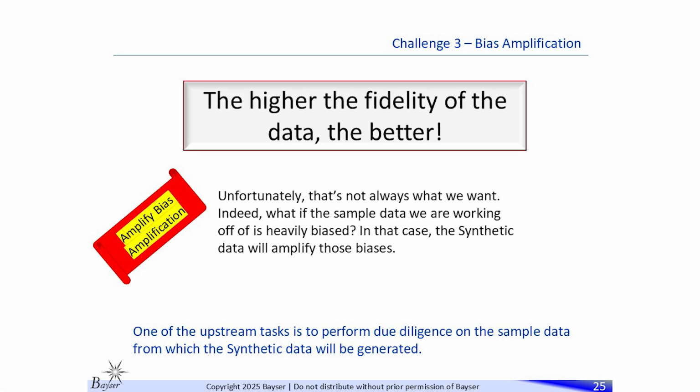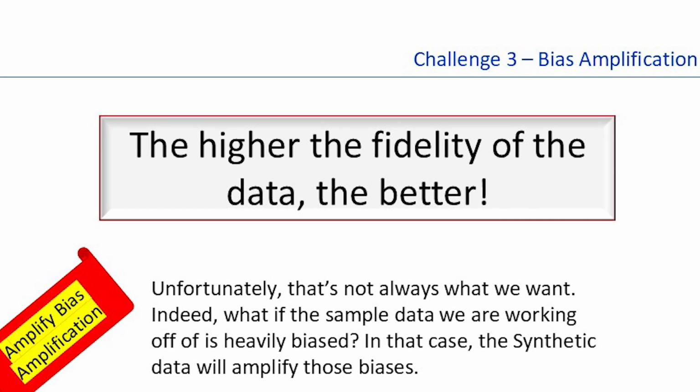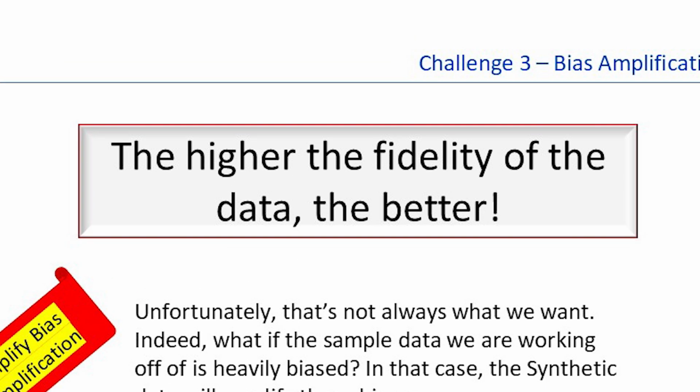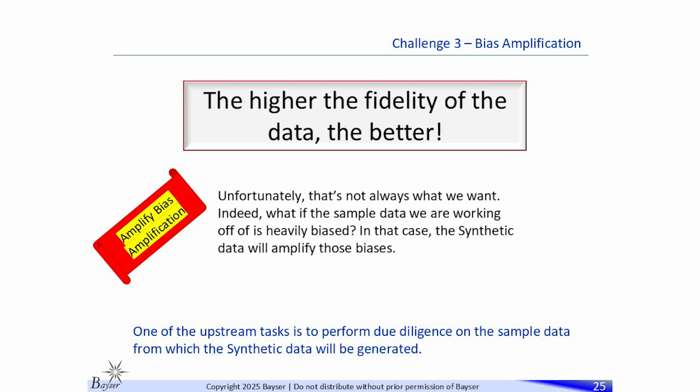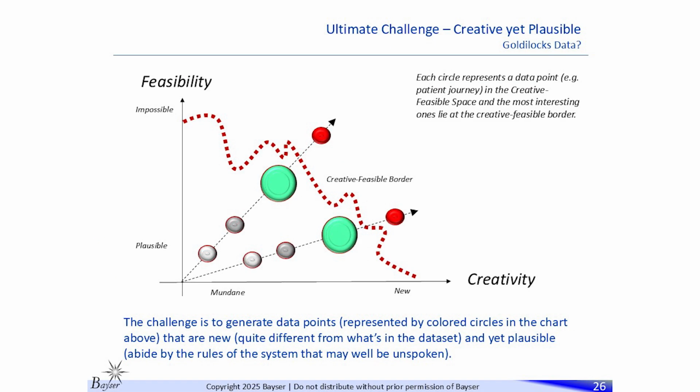So that's what we were starting with. The higher the fidelity of the data, the better. And as we said, well, not always, because of bias amplification, right? We need to be cognizant of that. Another thing you may think of is a trade-off between feasibility and creativity. You're generating the data and you want to be creative.